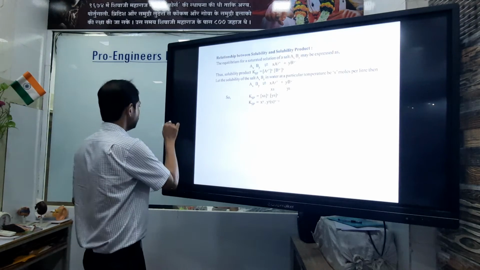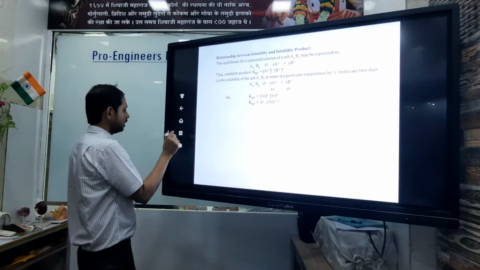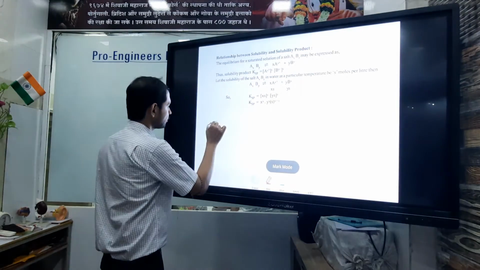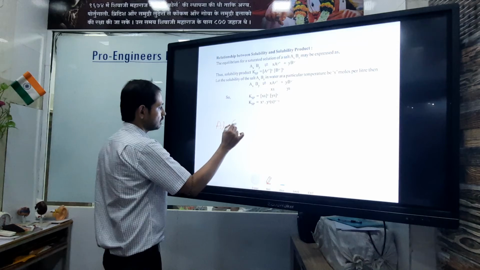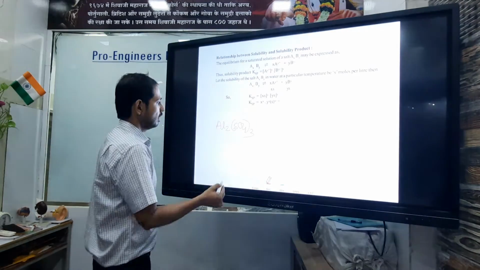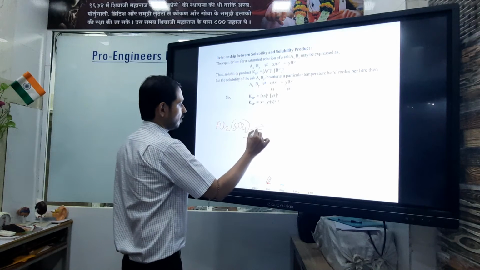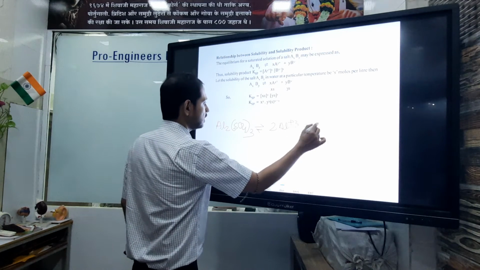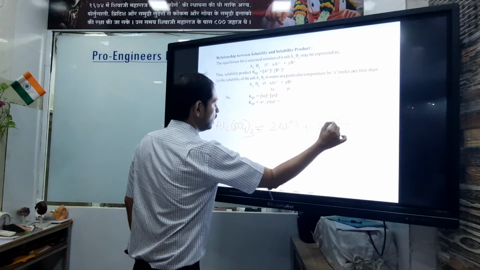Again we need to explain it by taking the example of aluminium sulfate. It is an interesting salt. Upon dissociation it gives 2Al3+ plus 3 sulfate 2 minus.